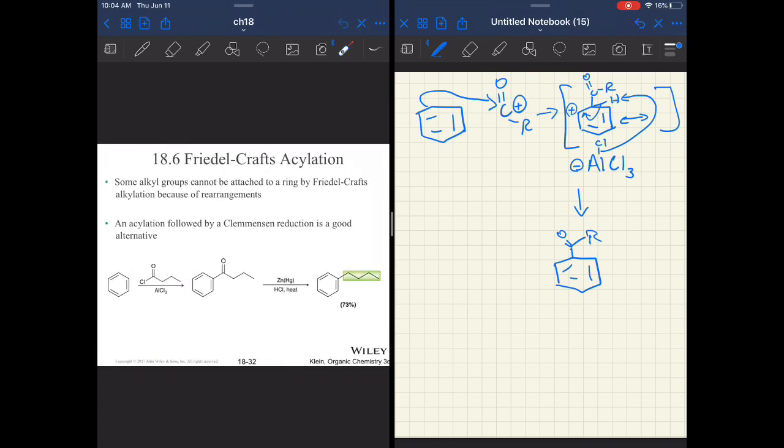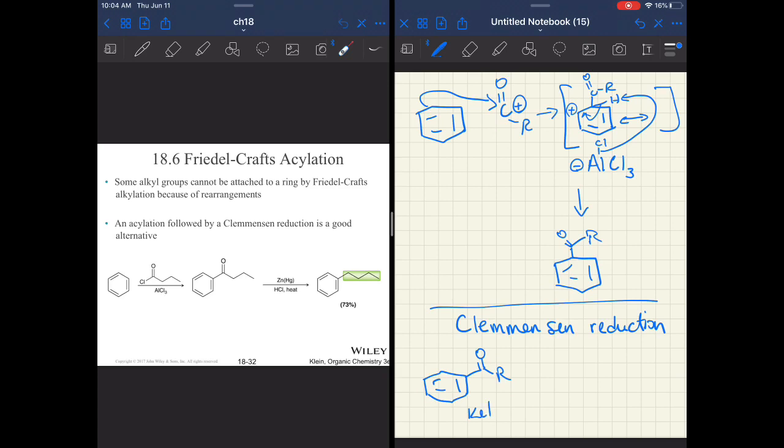Now, why this can be so helpful to avoid rearrangements is because you can reduce, right? So we're going to add another reaction you don't need to know the mechanism for, but this is the Clemmensen reduction. The Clemmensen reduction takes a carbonyl at the benzylic position, and it's a ketone or an aldehyde. This does not work for esters. This does not work for carboxylic acids.